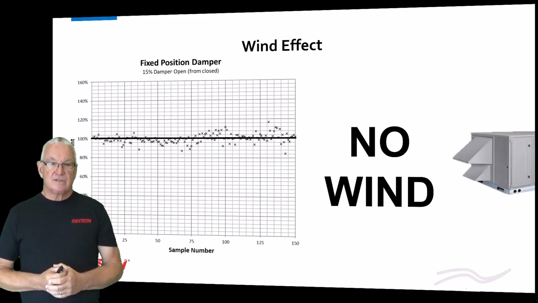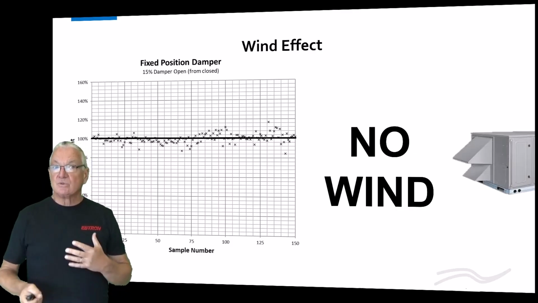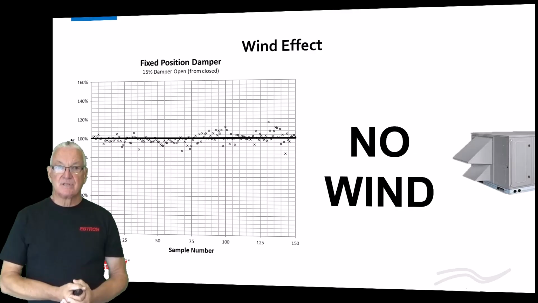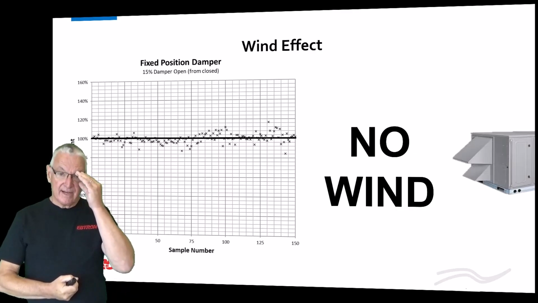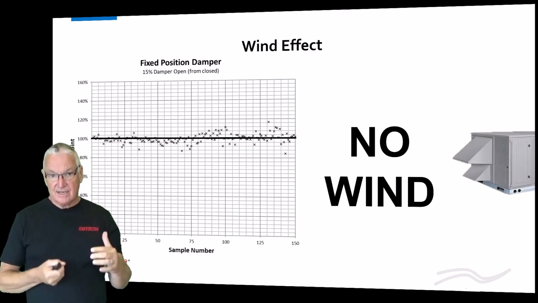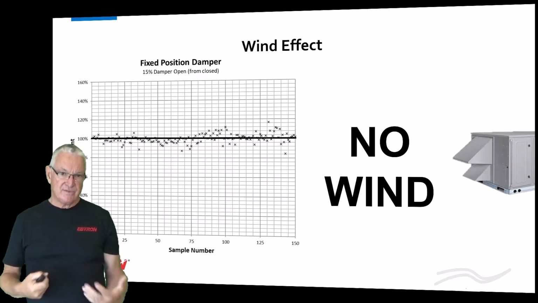And this is actually from our building, where we took actual data to back this up. Here we have the wind effect on a day when there's virtually no wind. Now, there's not really a day when there's no wind, so we have some wind going on.